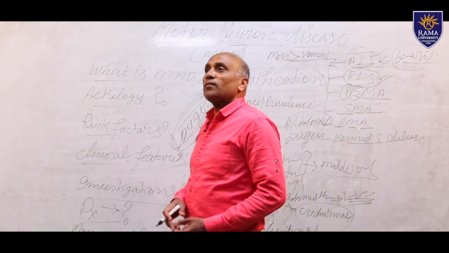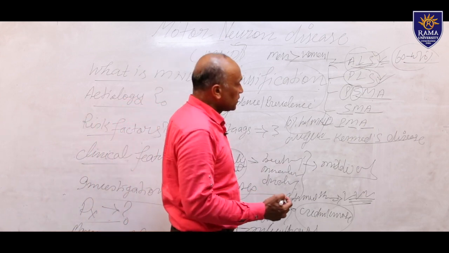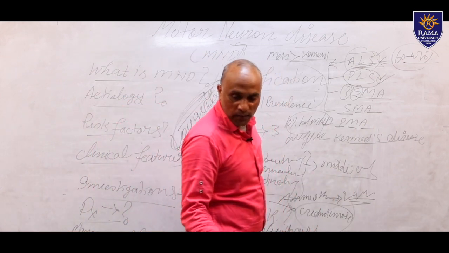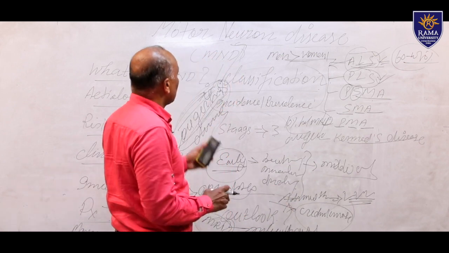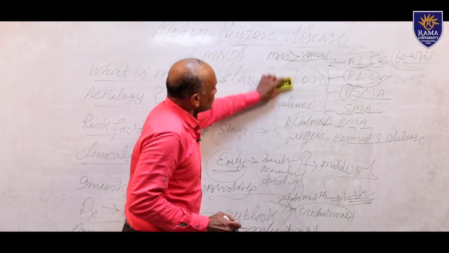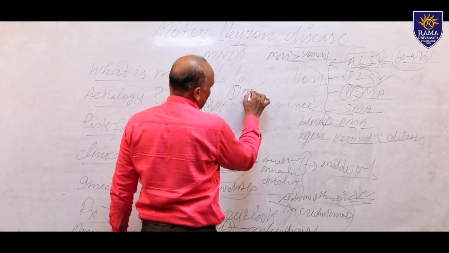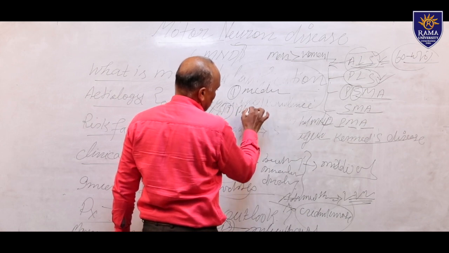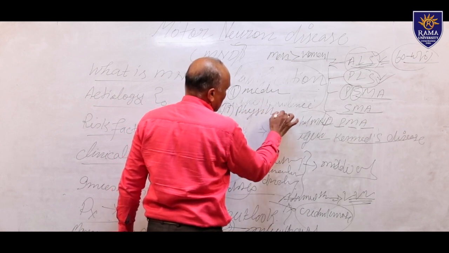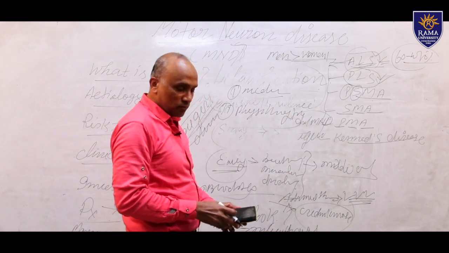Now we talk about how to manage it. Management could be done in these ways: one is medicine, and the other is physiotherapy. These are the ways by which we can manage.